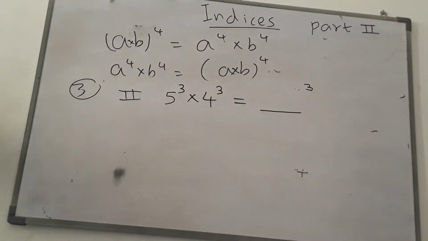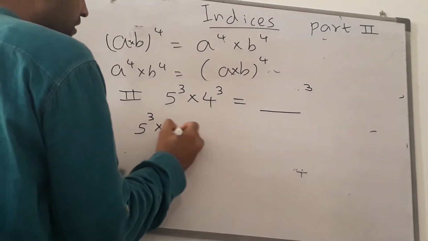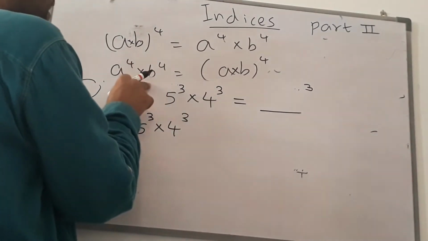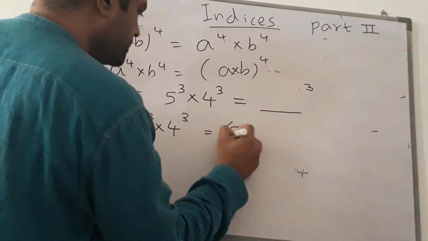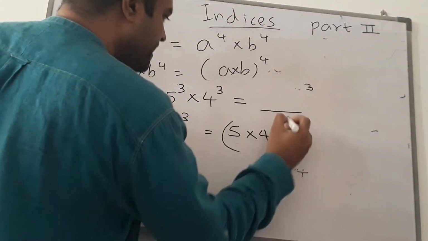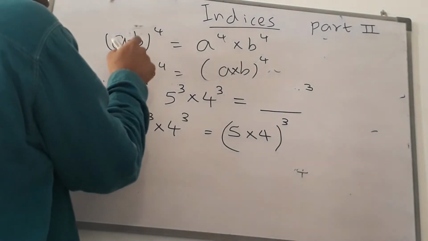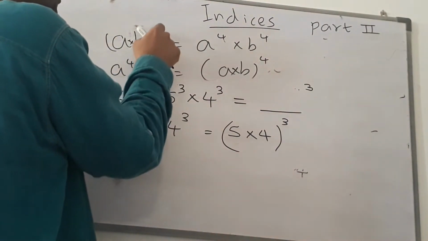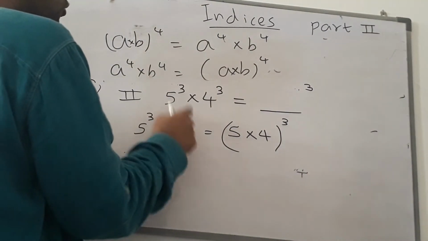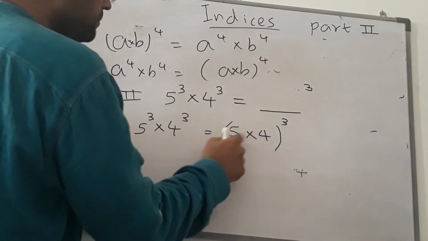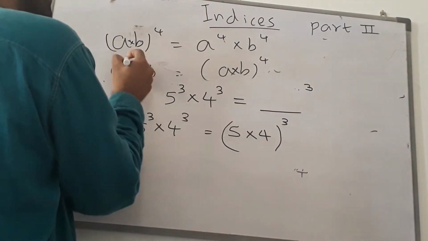Okay, 5 to the power 3 times 4 to the power 3. Like in here, we can write it as 5 times 4 all together to the power 3, same as here. Suppose this is 3.